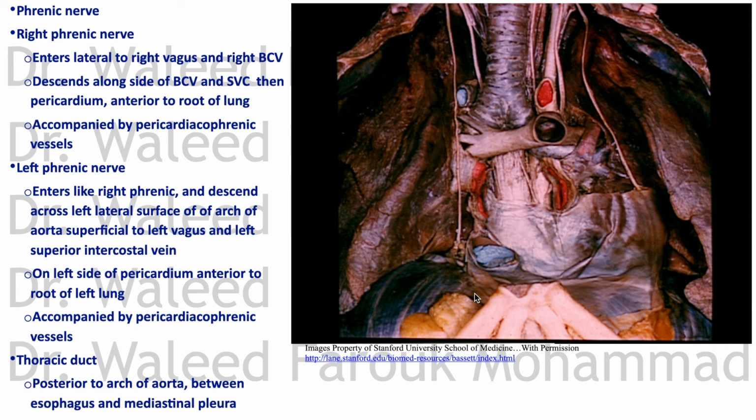Okay, the last structure you'll find is the thoracic duct. The thoracic duct begins as an extension of what's so-called the cisterna chyli. Cisterna chyli on the lumbar vertebrae, the upper two lumbar vertebrae, behind or beside the celiac trunk that we'll study in the abdomen.